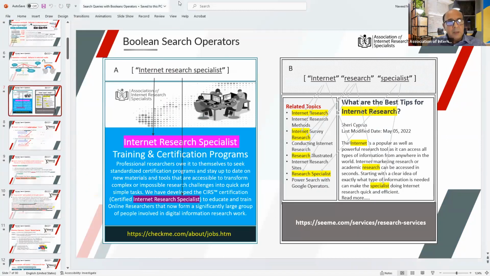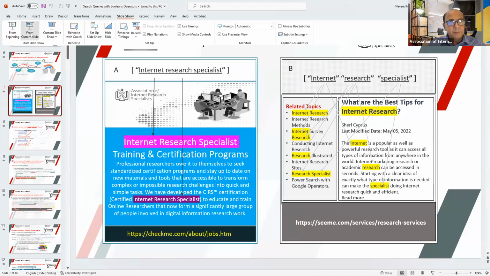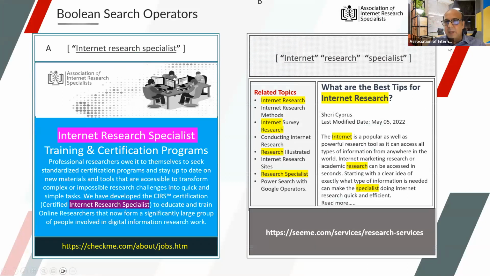Okay. This is basically showing, as an illustration, obviously not a real thing, just an illustration, how internet research specialists, when used within quotation marks, returns pages like, for instance, on some domain, the page jobs.com just appears. And in that page, you will find that all three words are present together, as you can see.